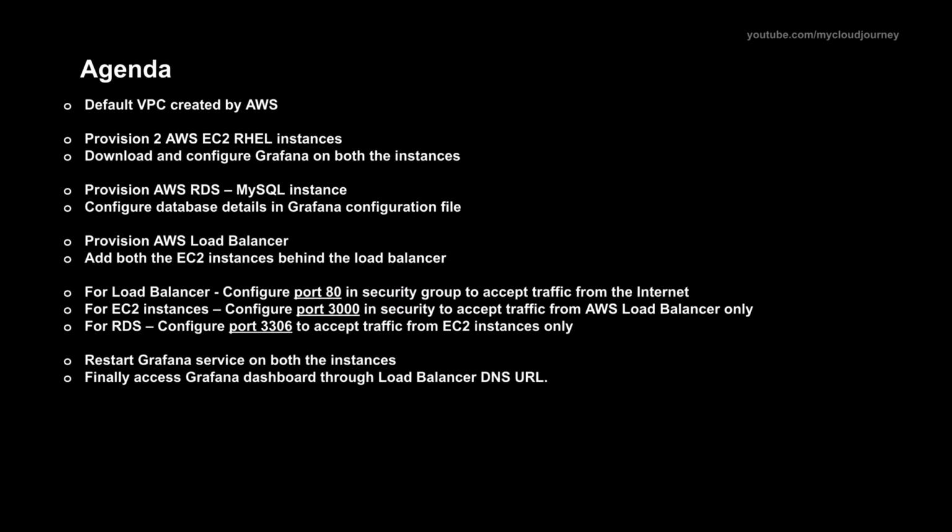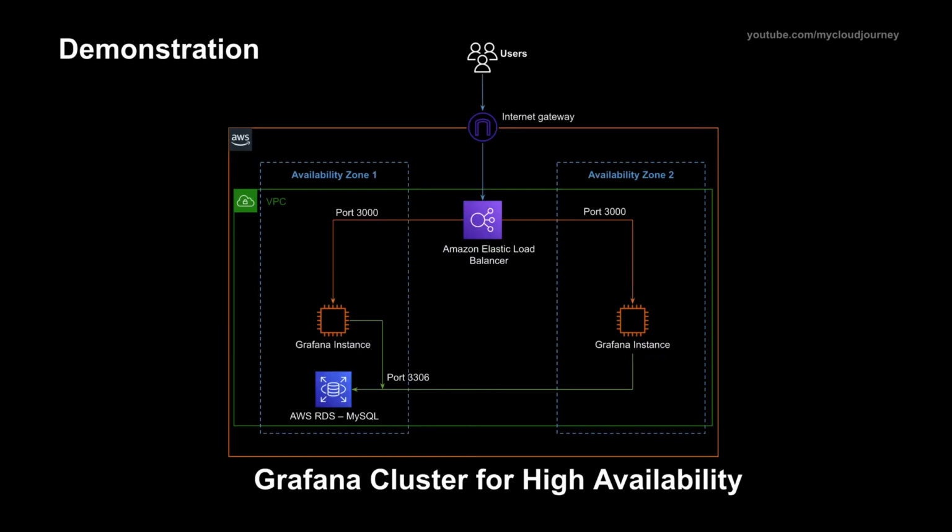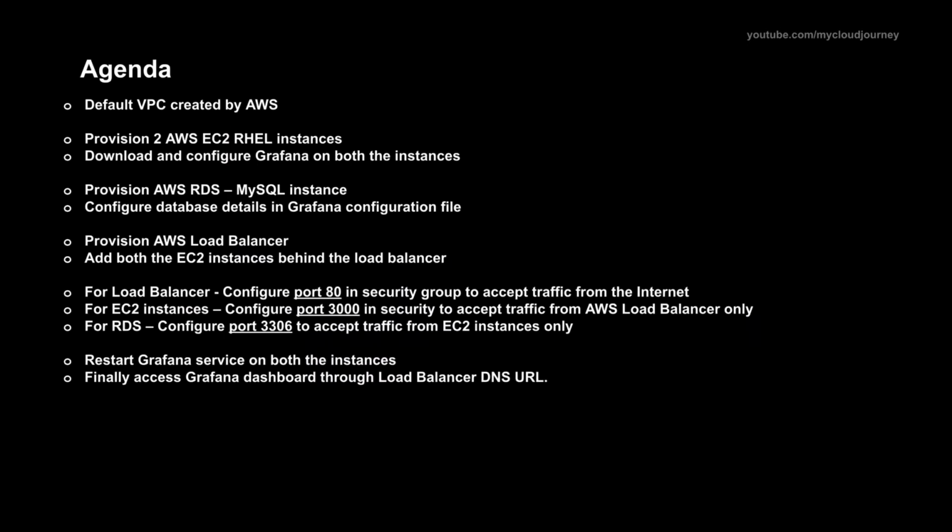Let's discuss the agenda. What we have to do to set up a cluster with a shared database and a load balancer. These are the points we are going to cover with this live demo. We are going to use the AWS default VPC created by AWS itself, and we are going to provision two AWS EC2 RHEL instances.